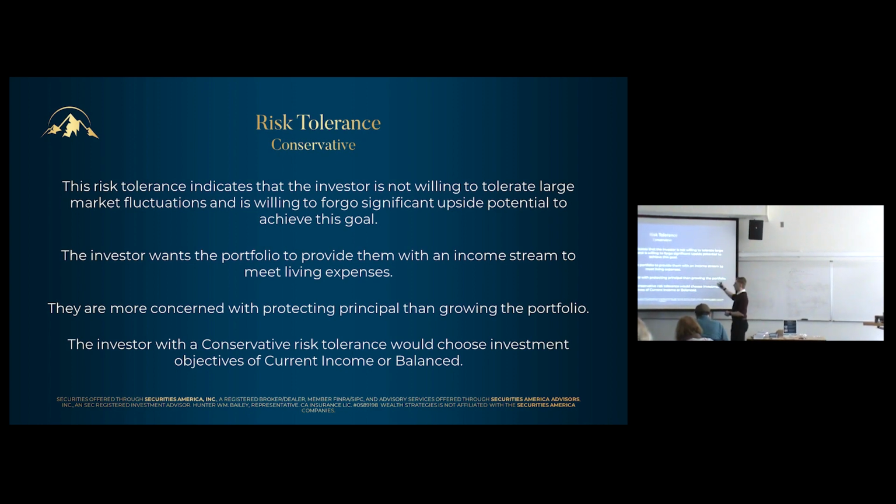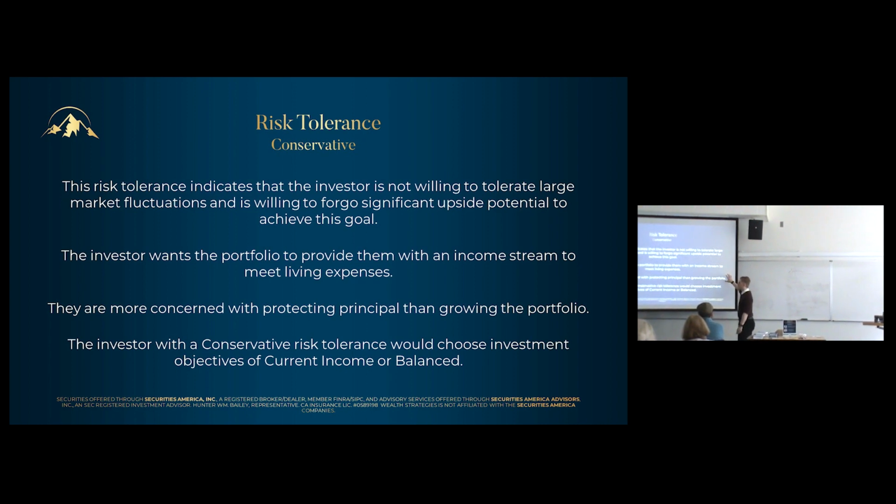So the conservative risk tolerance indicates that the investors are not willing to tolerate large market fluctuations and are willing to forego significant upside potential to achieve this goal. Very important to understand that even if you don't want to feel those large fluctuations, you also have to forego the upside. Risk and return is directly correlated every single time. Unless your alpha is off the charts, you have to take more risk to get more return. That's just how the game goes.